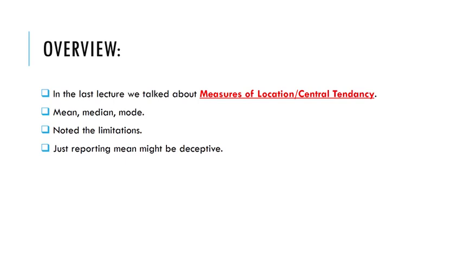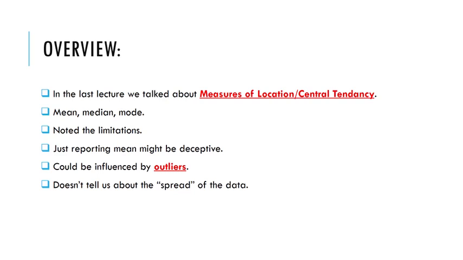Now, I'm not saying that we're trying to fool anyone, but we could possibly be misleading people, and I'll give you an example in just a moment. We also talked about that some of these could be influenced by outliers, right? A mean is certainly influenced by outliers. If you have one really big observation that you throw in, well, that's going to make your mean move.